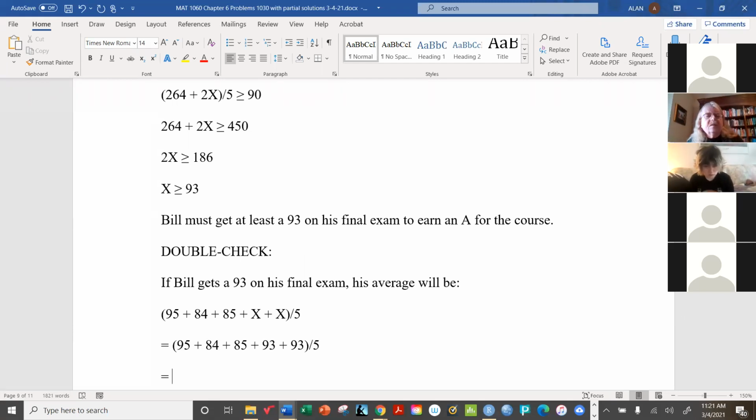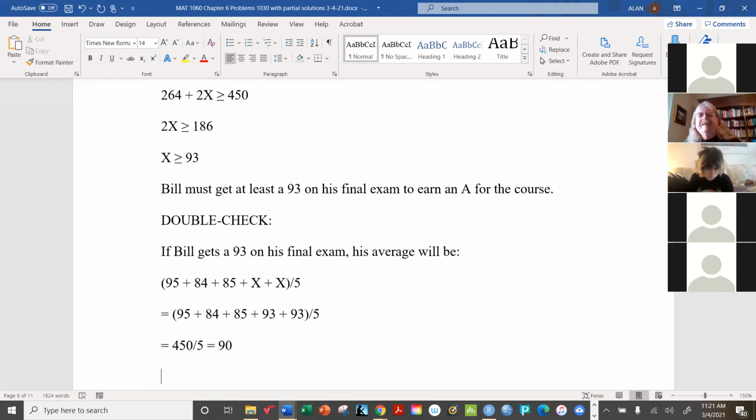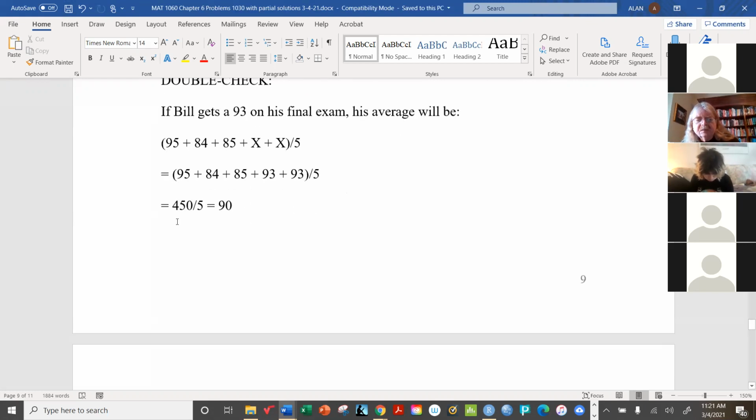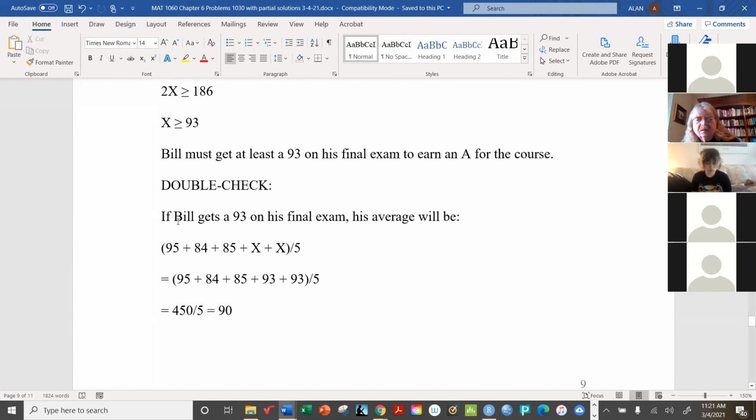So if you add those numbers up, what do you get? You get 450 over 5, which is 90, and that's what he wanted. Excellent. All right, so now Bill's happy with that. Let's say he gets a 93. Well, now he's jumping up and down because he gets his A.